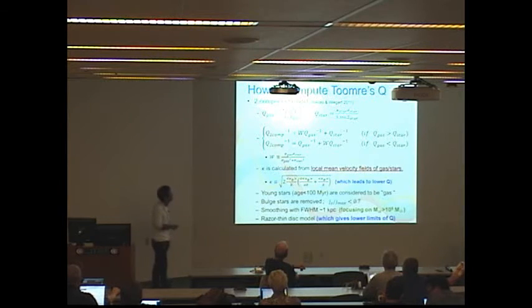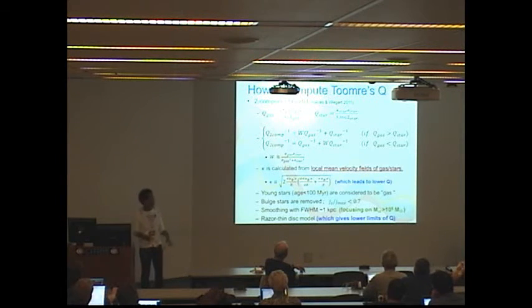Using mean velocity usually leads to lower Q than using circular velocity. Next, I remove the bulge stars by this criterion, and I applied Gaussian smoothing with roughly 1 kpc scale, to smooth out small structures and focus on the clump size and clump mass.